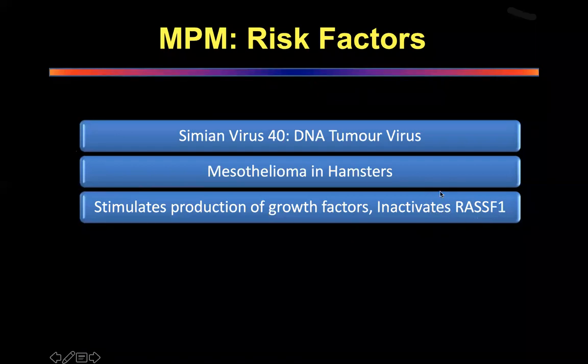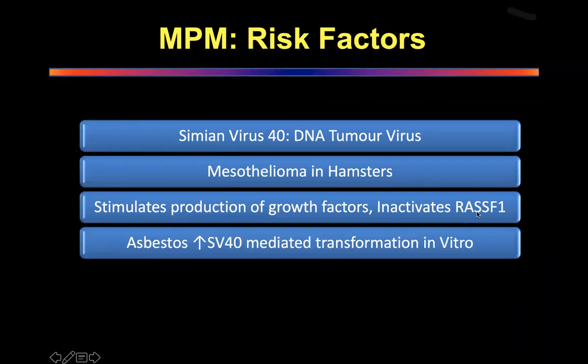And it is the inactivation of the RASSF1 which actually makes the asbestos into a carcinogen. So there is this suggestion that asbestos with an increased SV40 mediated pathology transforms a normal pleural epithelium into a mesothelioma. So this is the philosophy behind the SV40 theory.